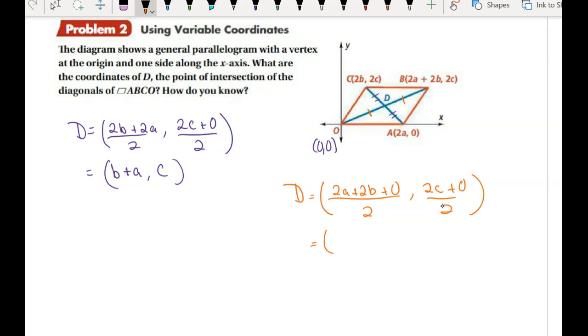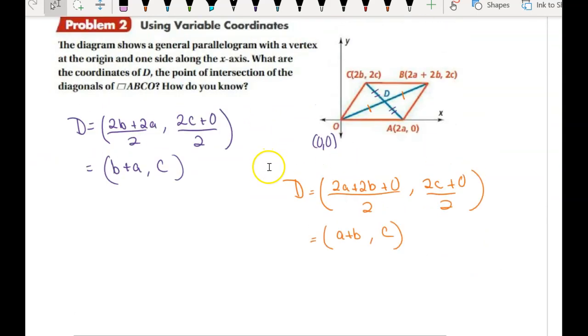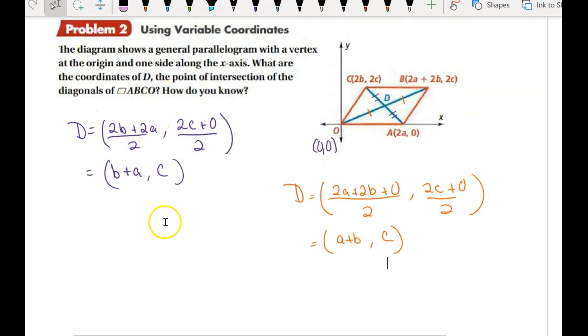That 0 is not doing anything, so now we are left with A plus B and C. So we got the same thing no matter which way we did it. So this way was taking a left and this way was taking a right. So we went different ways, but we both got to the same destination.